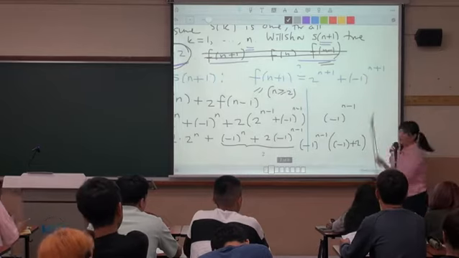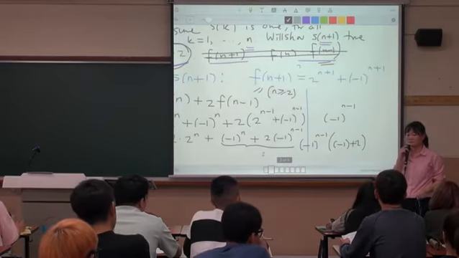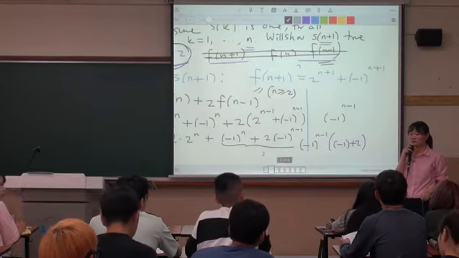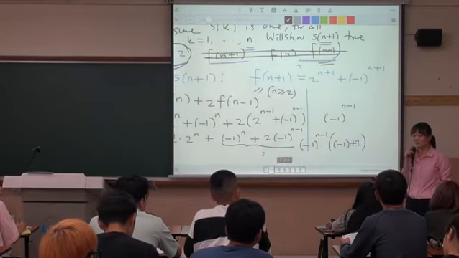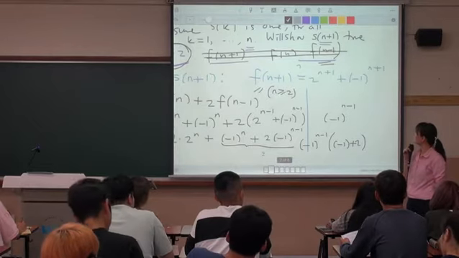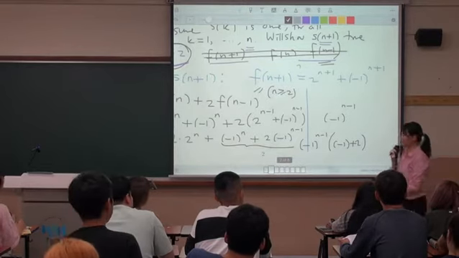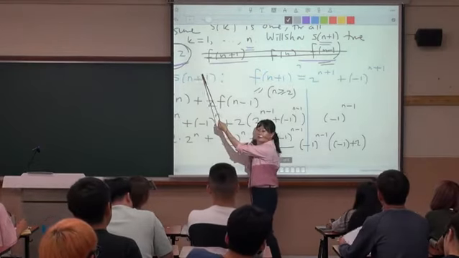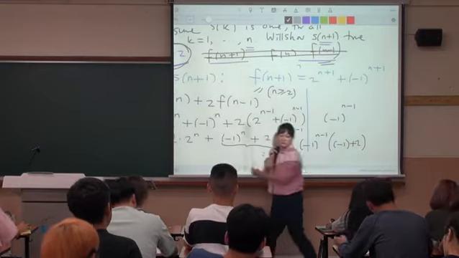Are they the same? Where? If n is 0, if n is 1, 1, right. Yeah, this is true for what n? n bigger than or equal to 2. They are the same.